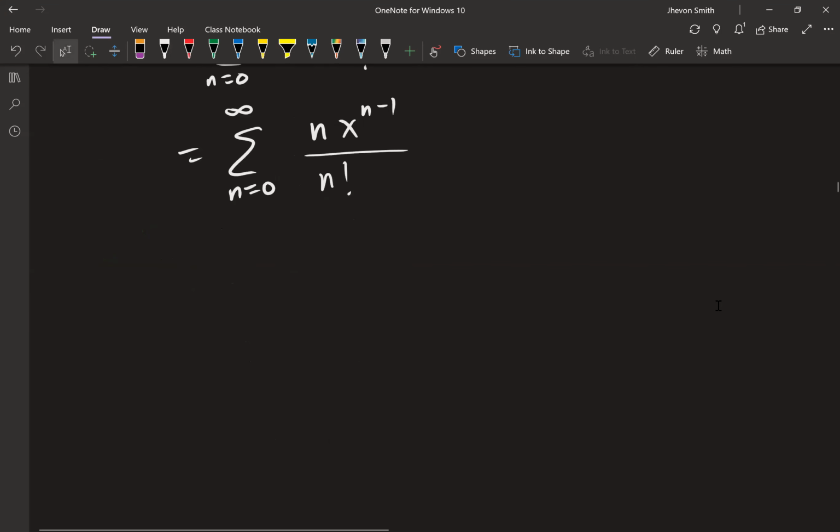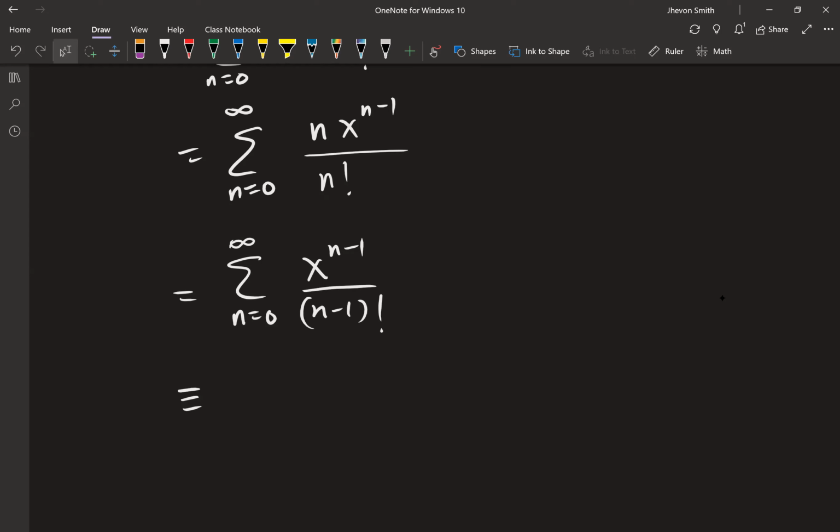Of course, you guys remember about factorials. This is just a series. n goes from 0 to infinity of x to the n minus 1 over n minus 1 factorial. And here you'll realize that that is equivalent to, because you can't have a negative factorial, at least not in the real version, you'd actually skip this first term.